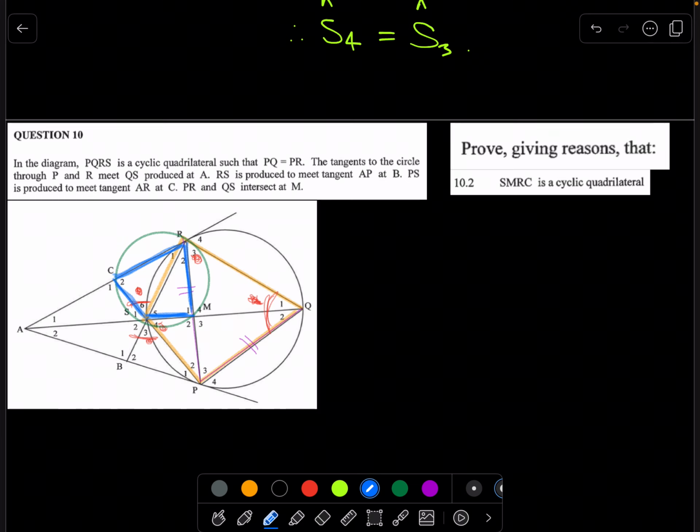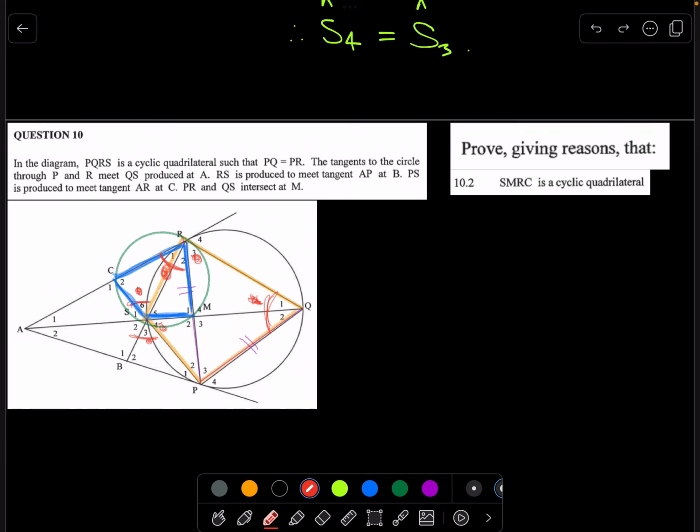So this is the cyclic quad we want. I've just said here that this is dot because of tangent, chord, angle in alternate segment.